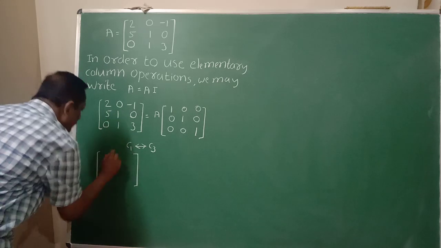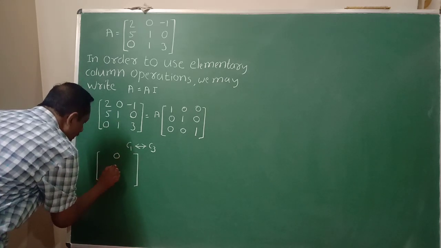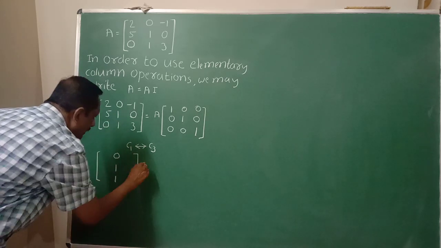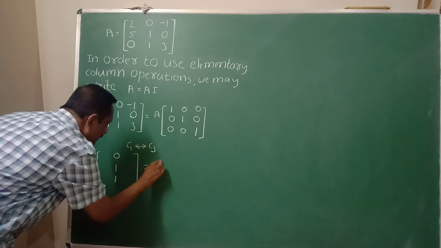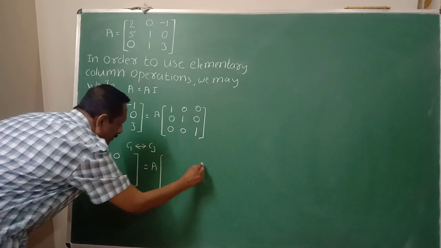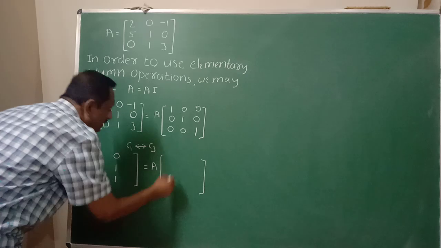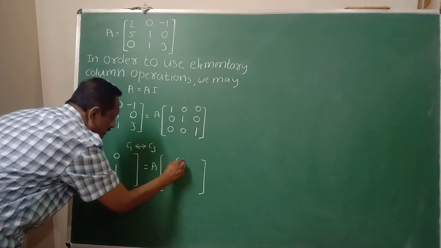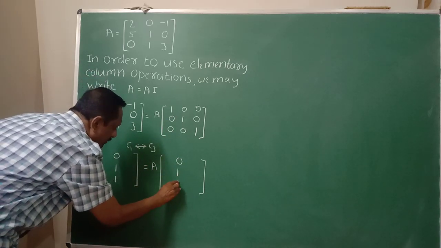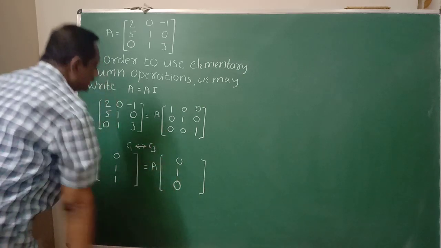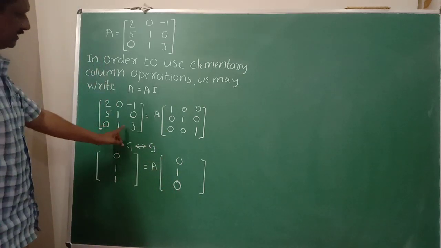Second column elements are 0, 1 and 1 here, is equal to A into the matrix here. Again here, second column elements 0, 1, 0, keep as it is here. Interchange C1 and C3 here.